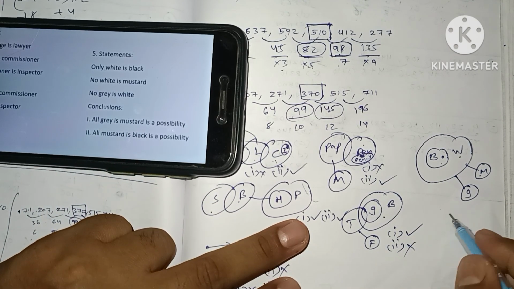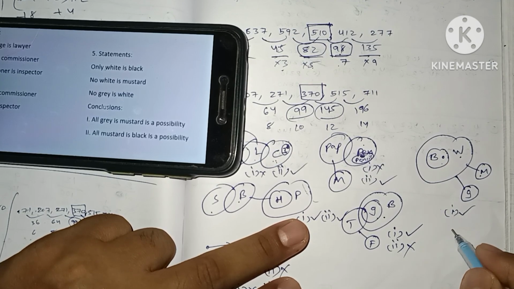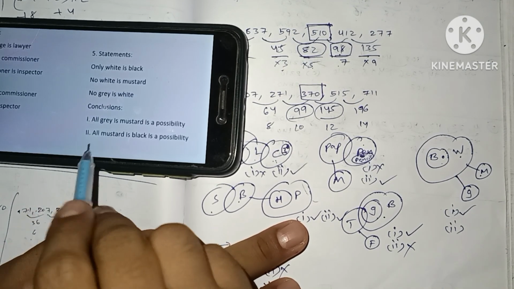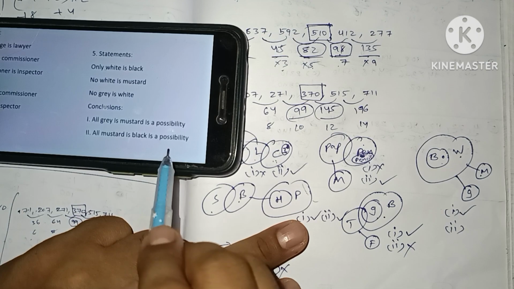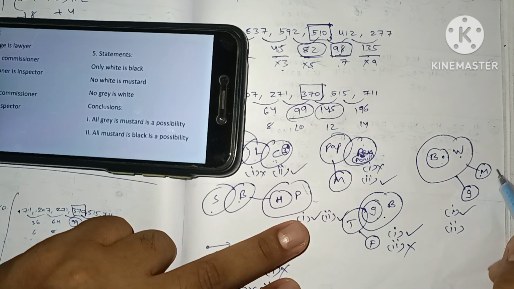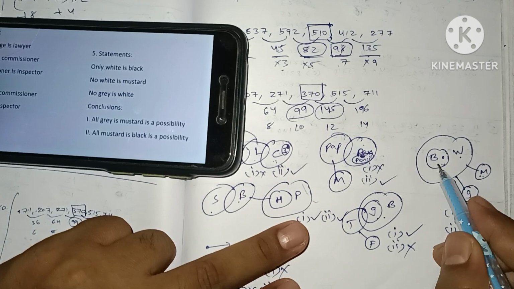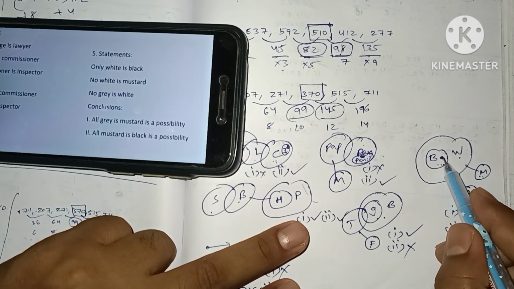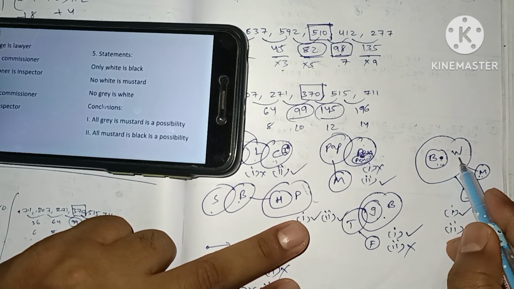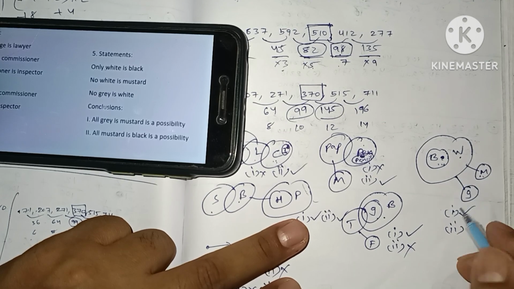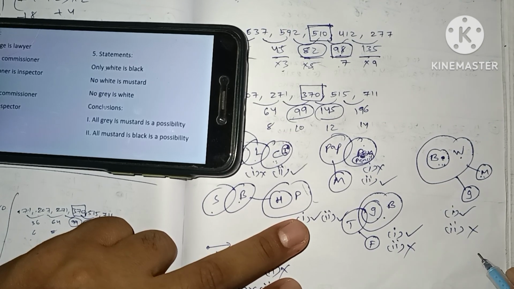Is it possible or not? Yes. First one is true. Next, second one. All mustard is black is a possibility. All mustard inside black. It is not possible because black only shares with white but nothing else. So second conclusion is false.